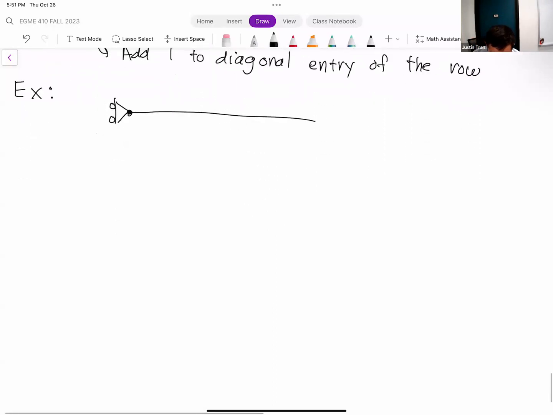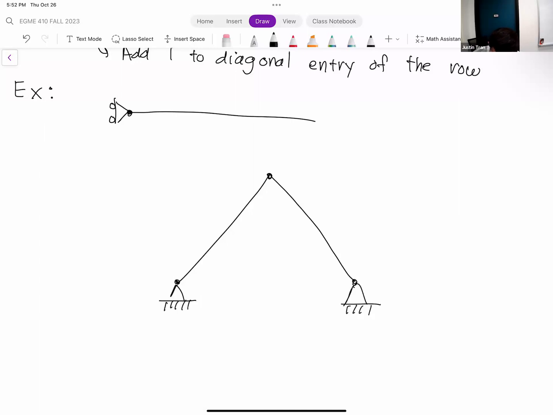Okay. But if you were to have a geometry that looked like this, we have a roller support being supported by two elements like that, where neither element is perpendicular to that roller direction.